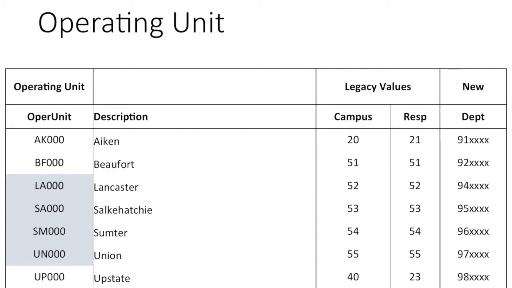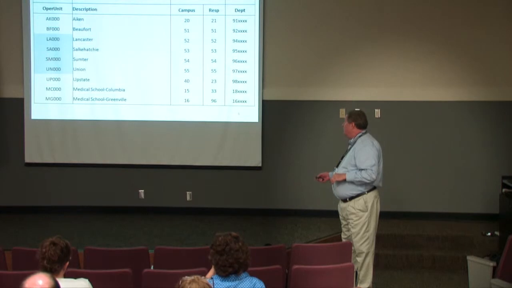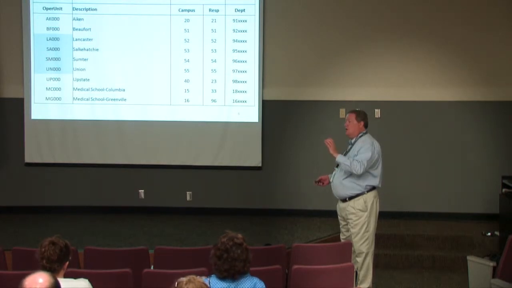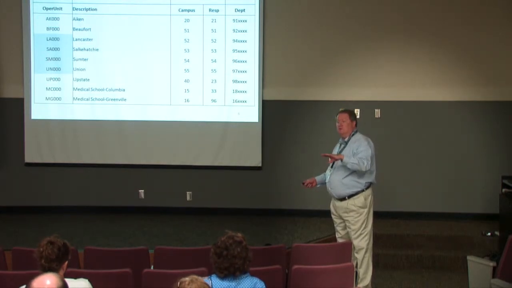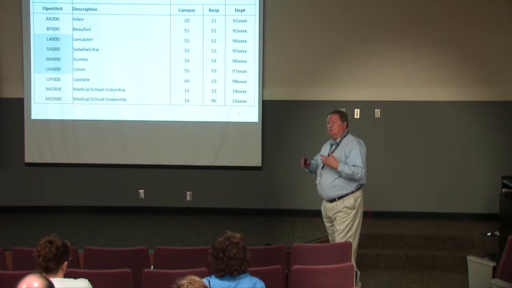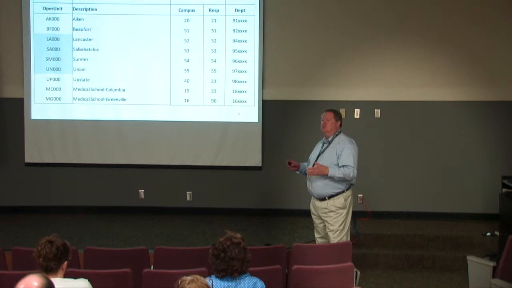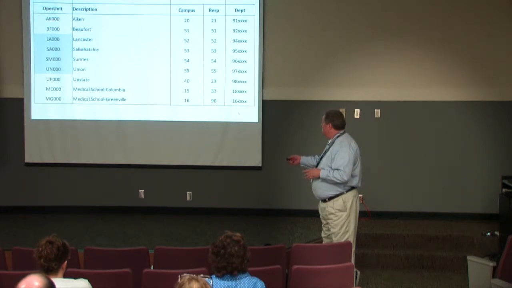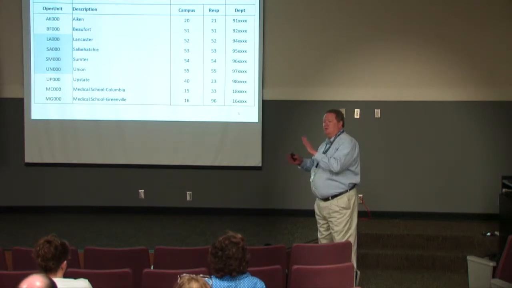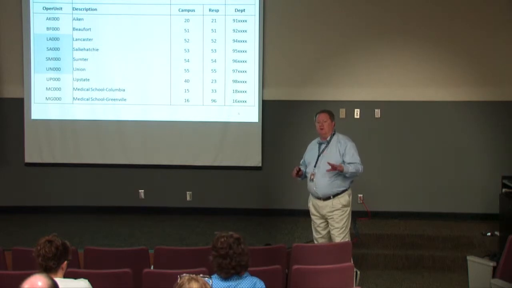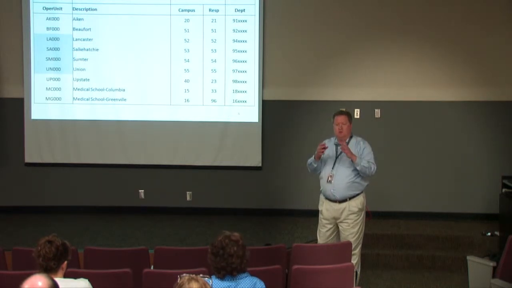Because they split it out between finance and all their different areas. And what we have done for all the campuses is set it at one level to go live. And then once you guys get used to the system and get comfortable, and Joe feels comfortable with it, you can expand and put other values in there to break out the campus. But for go live, we're going to leave it all clumped at one level.